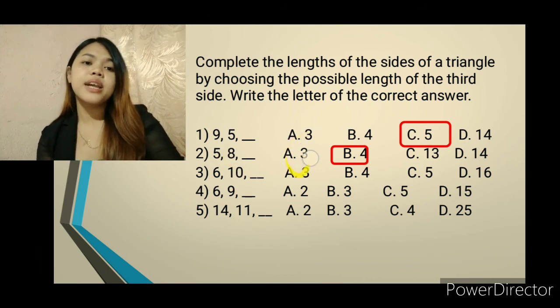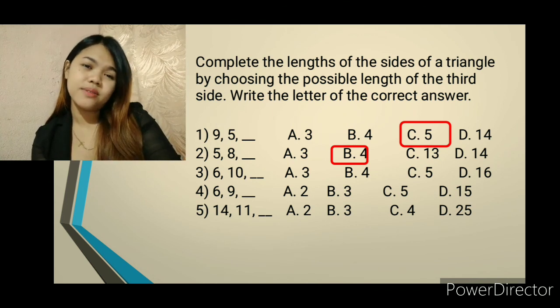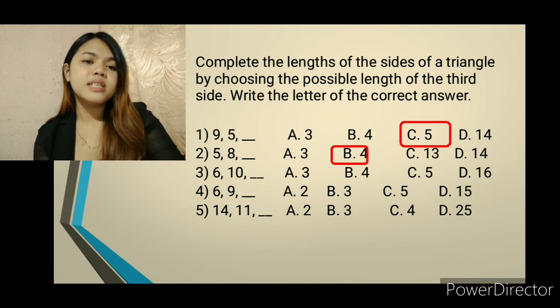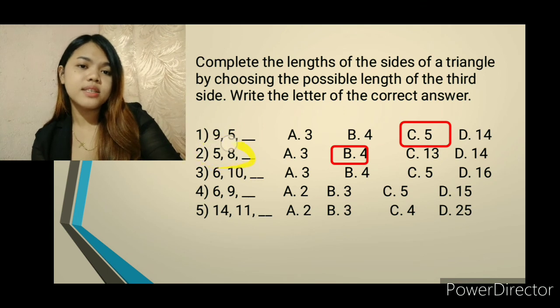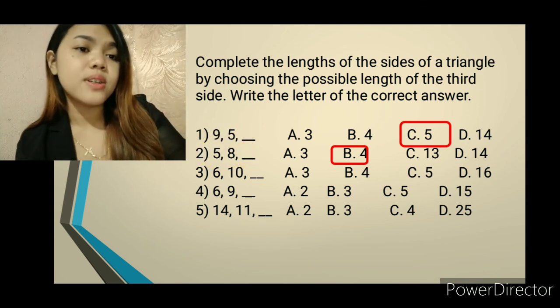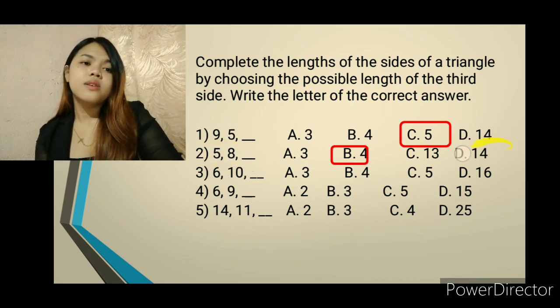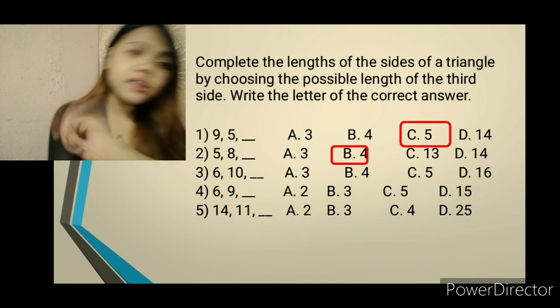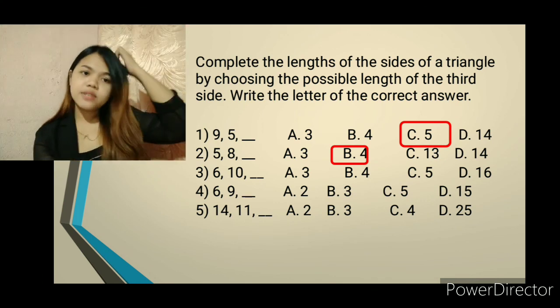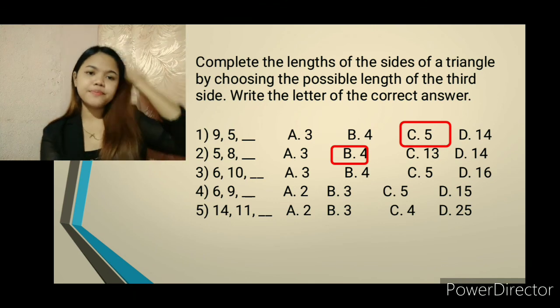When you add 5 and 3, it equals 8, just equal. And 5 and 8, when you add these two, because these are the shorter lengths, it equals 13. And also this one, 13 is not greater than 14. So the answer is letter B.